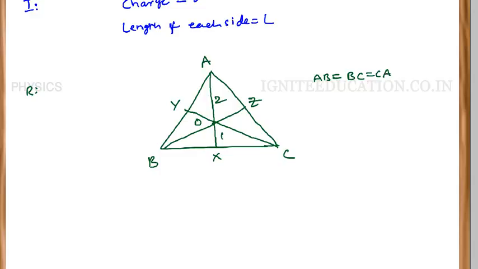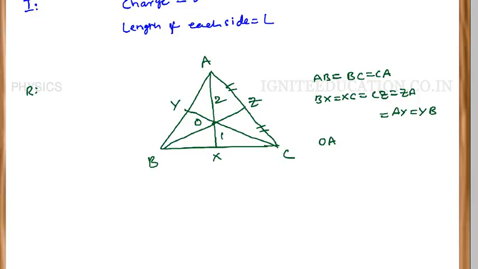This is one property, and another one is BX is equal to XC is equal to CZ is equal to ZA is equal to AY is equal to YB. Because all these are midpoints, the distances from the midpoints to the vertices are the same in all sides.